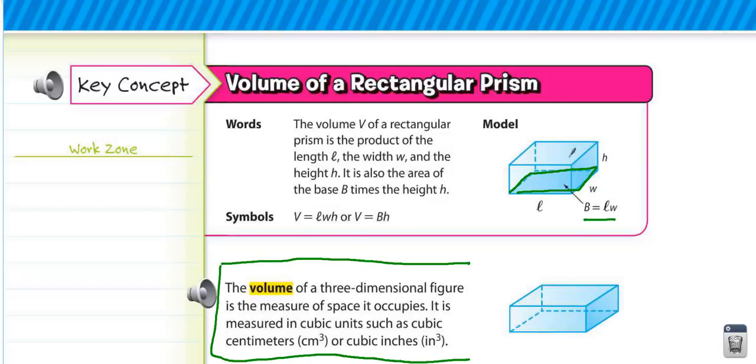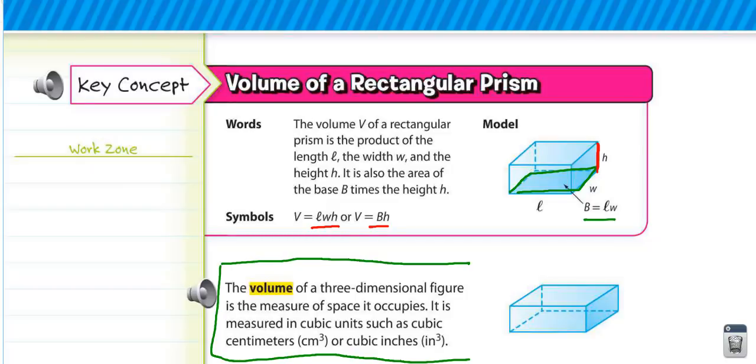So when we're doing volume, we're always talking about three-dimensional figures, and to get the volume, we multiply the base, or the length times the width, like we did to get the area of the rectangle, and then we multiply by the height. So you can see the formula here written two ways: length times width times height, or you can think of it as find the area of the base, and then go ahead and multiply by the height.